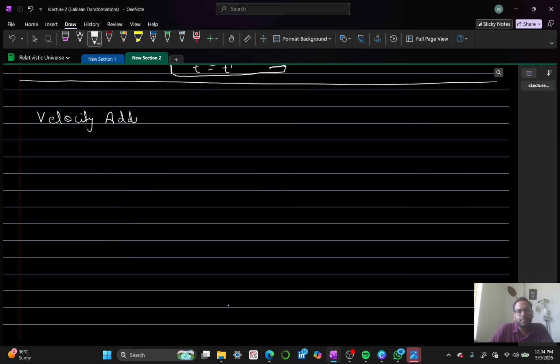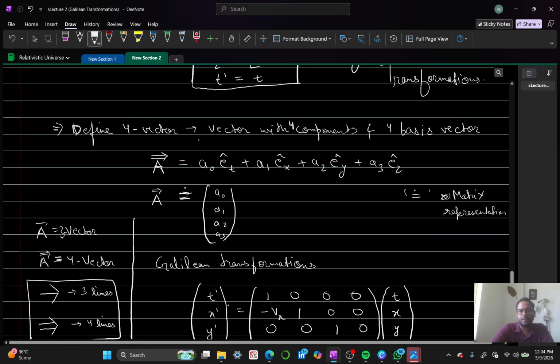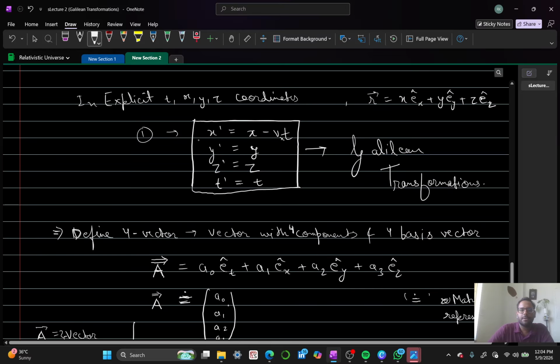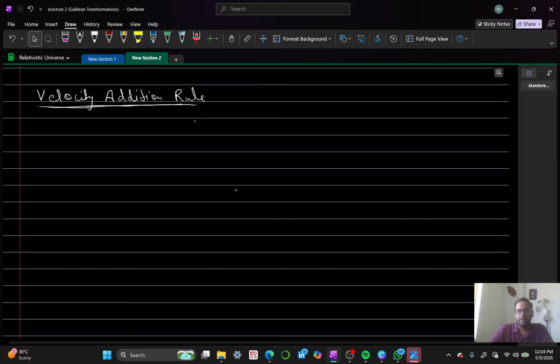Velocity addition rule. What is it? You can simply, from these Galilean transformations, write the velocity laws either by differentiating, or by taking the difference between the coordinates. So from your first equation, just define it like this, where v is constant.